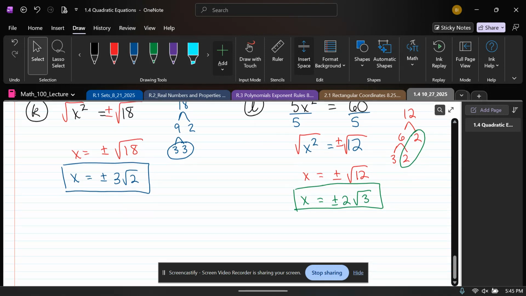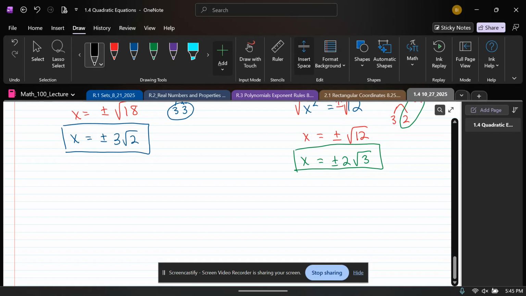All right. Let's do another one with square roots. Let's say we had 3x squared plus 4 is equal to 2x squared.